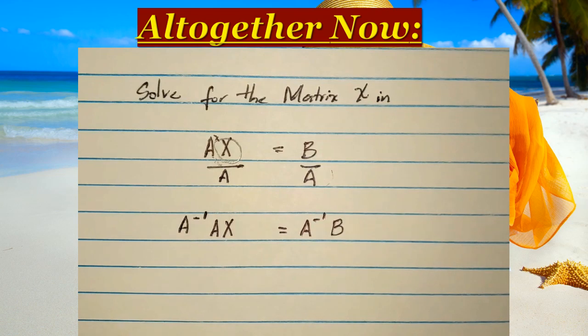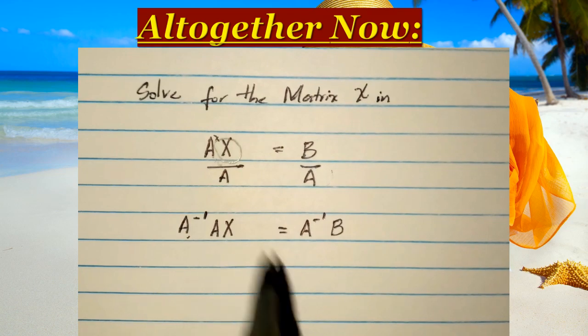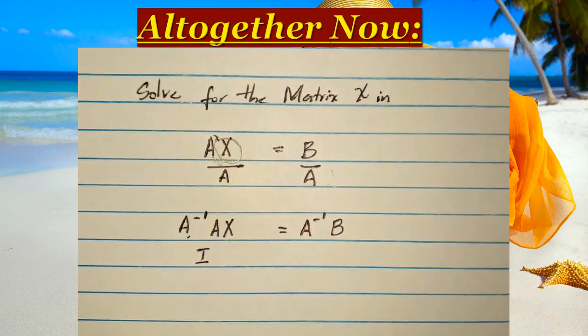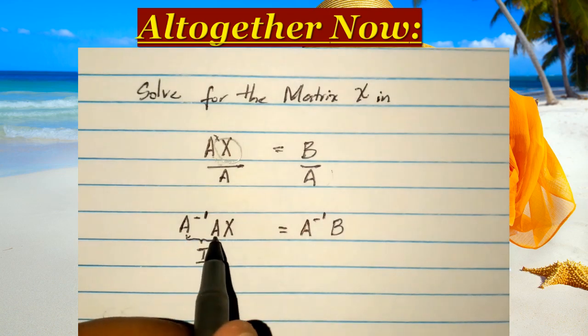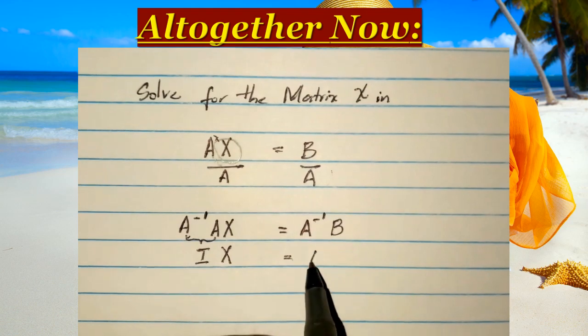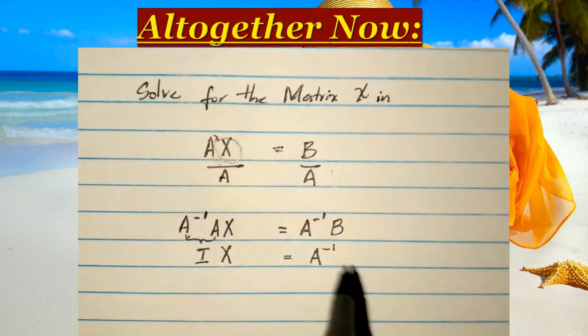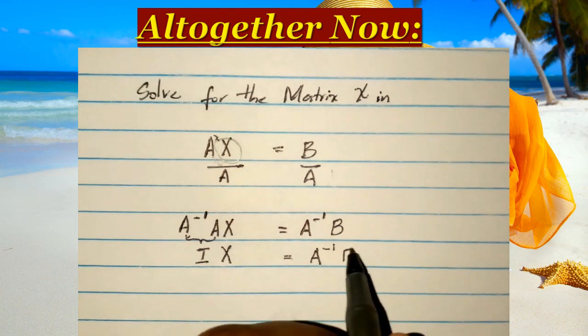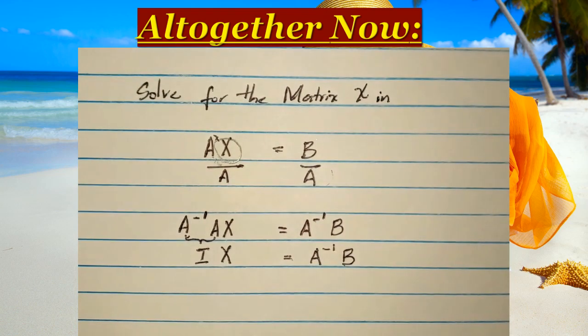With me so far? And do you see the second hack coming into play? Here you have A inverse and A, the original matrix. These together give you the identity matrix, and you're multiplying that by X. So the identity matrix times X is equal to A inverse multiplied by B. Now, remember, we said any matrix multiplied by the identity matrix is the original matrix.